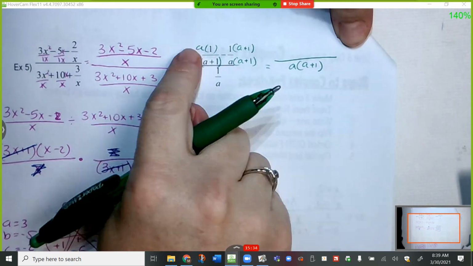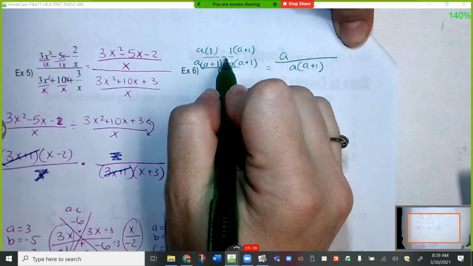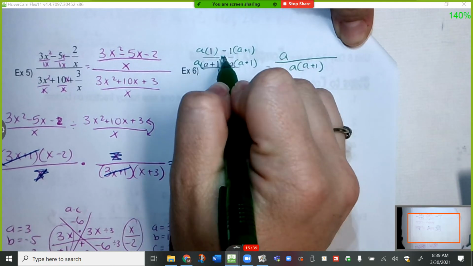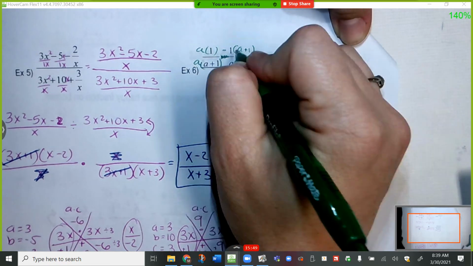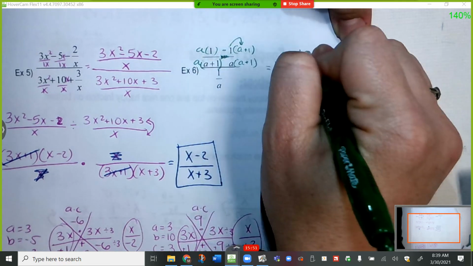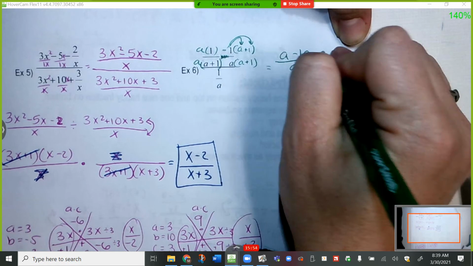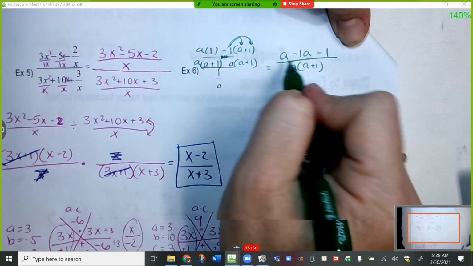And I get a. Now, I'm going to bring this minus sign up here so I don't forget about it, because a lot of times we forget about them because they just blend in with the division or the fraction bars. So I get negative 1 times a and negative 1 times 1. Well, technically I want you to realize this is 1a.